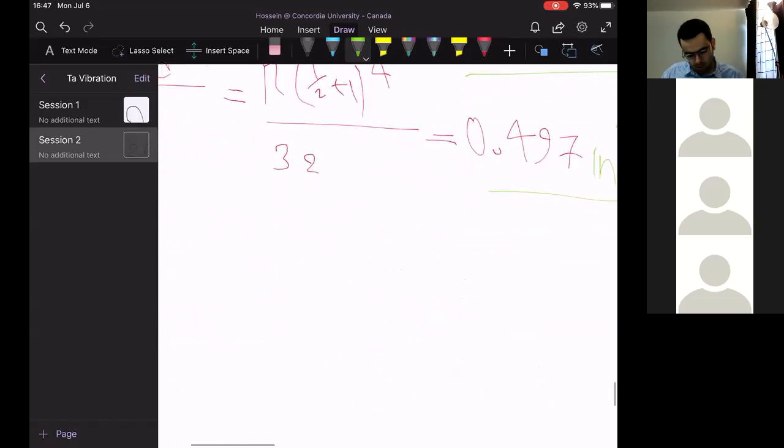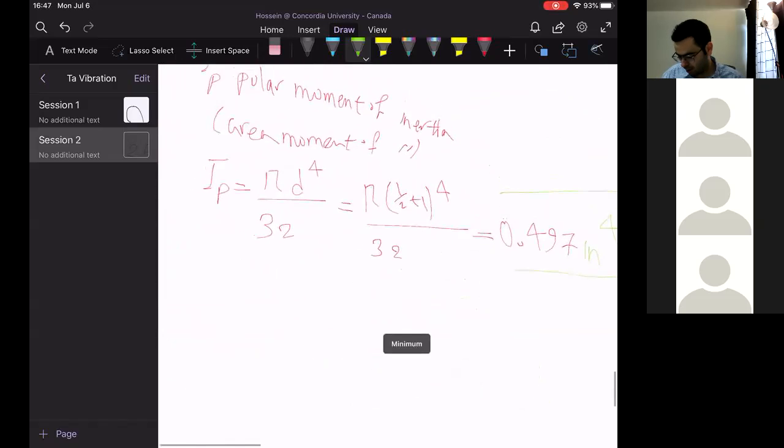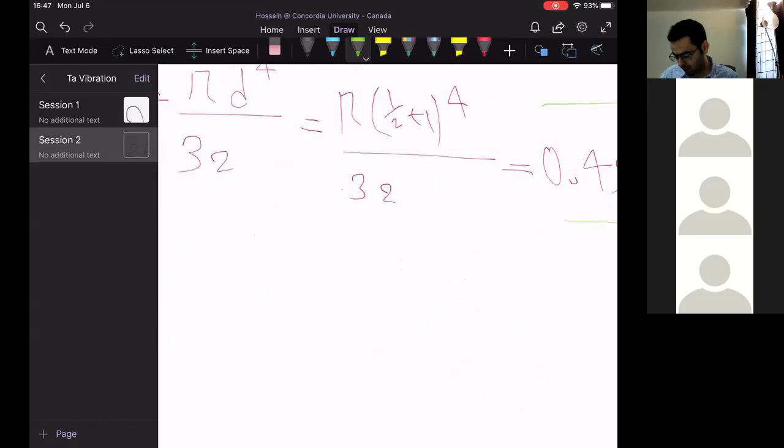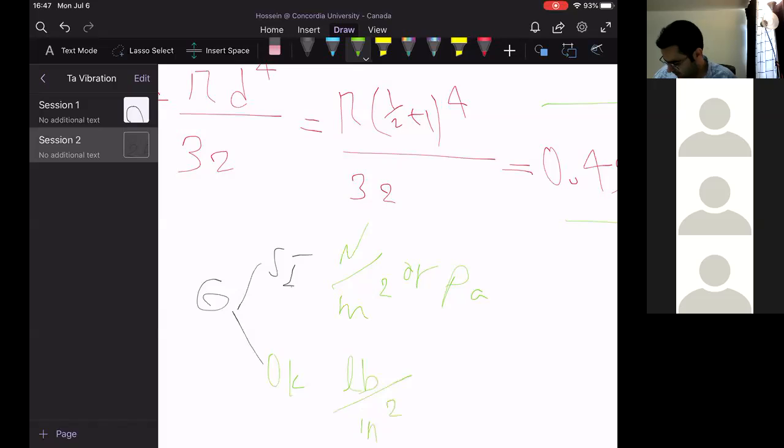So once you obtain I, you could easily find K. If you go through the table, you will find G as, in the SI system, G is based on Newton per meter square or Pascal in a metric system, SI unit. However, in a UK system, it is based on pound over inch squared.